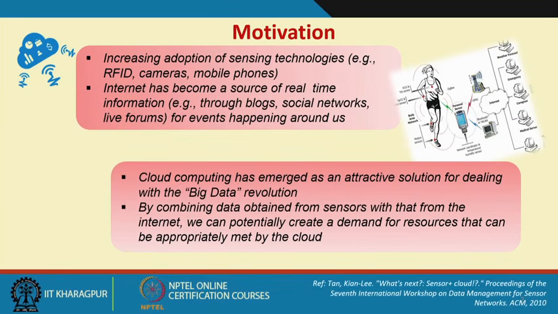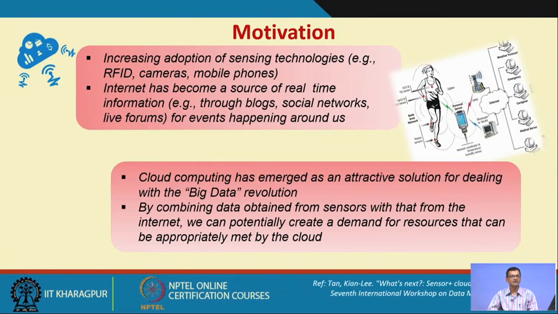So, we see increasing adoption of sensing technologies, that is RFID, cameras, and mobile phones are nowadays sensors. Location, as we have seen, and different meteorological parameters are being sensed. The internet has become a source of real time information, through blogs and social networks, for events happening around us, right.